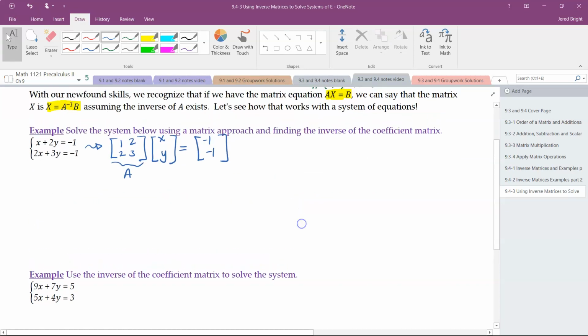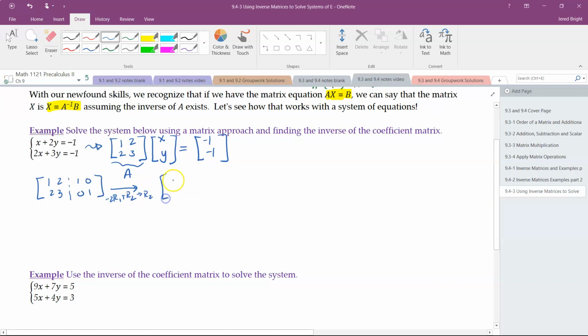I'll start with my standard procedure: 1, 2, 2, 3, appended with the 1, 0, 0, 1 matrix. Then I do negative 2 row 1 plus row 2, and put that into row 2.